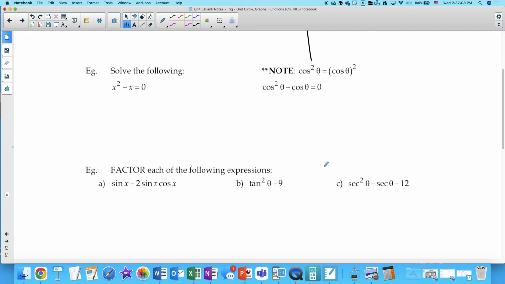If we were to solve this equation, x squared minus x equals 0, we would factor. We can factor out a GCF of x. And then from the factor of x, we get the solution that x equals 0. And from the factor of x minus 1, we get the solution that x equals 1.